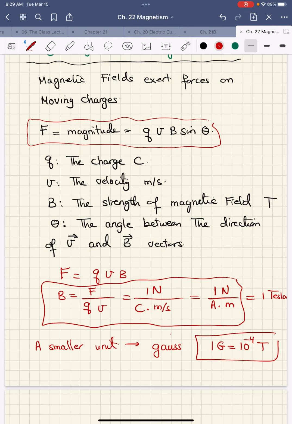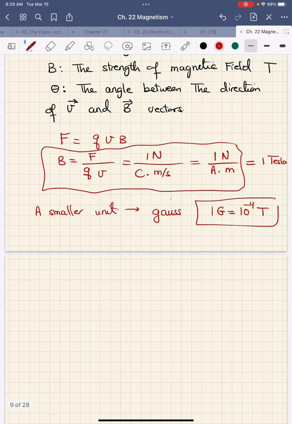One more important thing: we discussed the magnitude, and now I will talk about the direction of the magnetic force. This is very important.